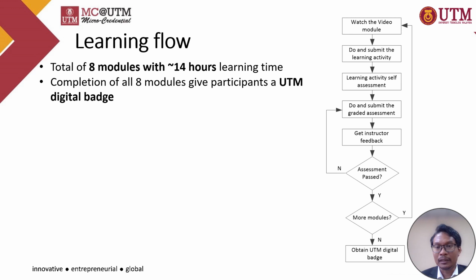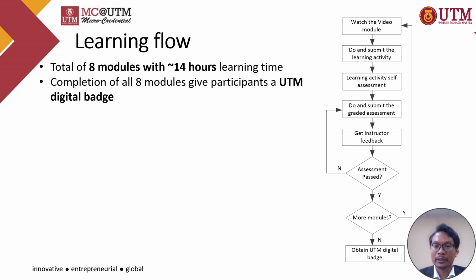The learning activity is self-assessed, so you perform self-assessment on the learning activity, and once you feel confident with the learning activity and understood the material, you can start doing and submitting the graded assessment.